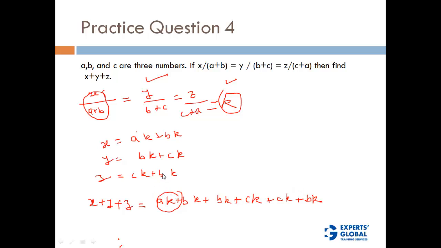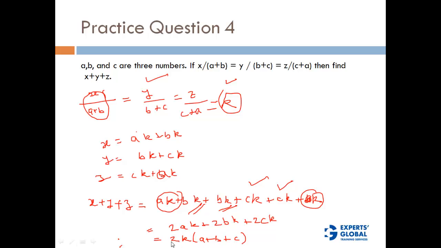There are two ak's, there are two bk's, and there are two ck's also. So that means we get 2ak plus 2bk plus 2ck, which is same as 2k, which is common, times a plus b plus c.